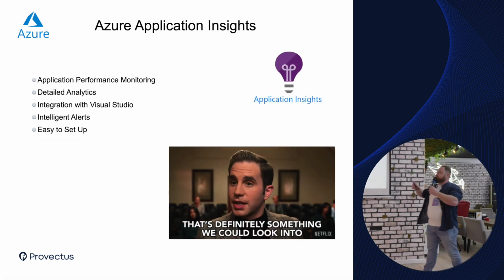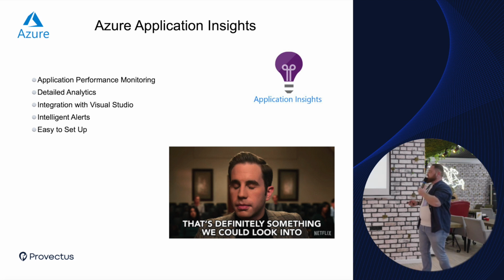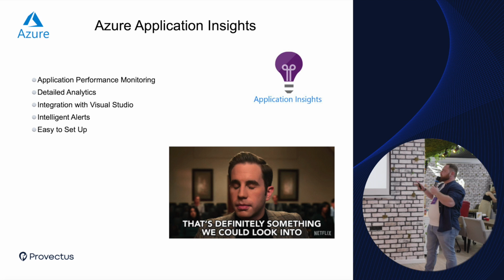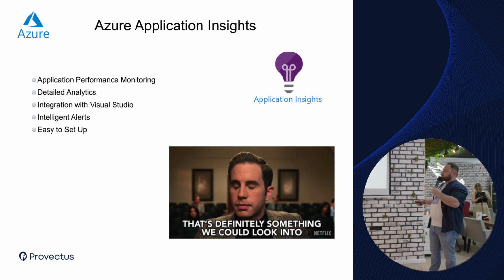And of course, the next one is Application Insights. When we have an application deployed in Azure, we need to look somewhere to understand what issues we can have. And here is the best tool that we can use without worrying about third-party tools: Application Insights. It gives you a cool APM, it gives you detailed analytics, and it can be integrated with your IDE like Visual Studio or any other tool.